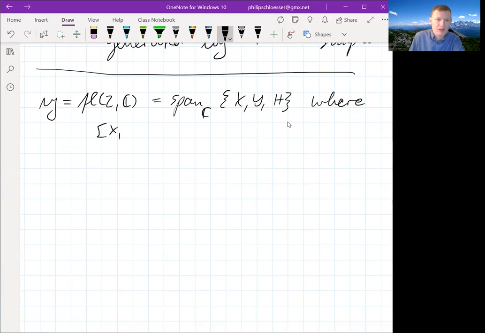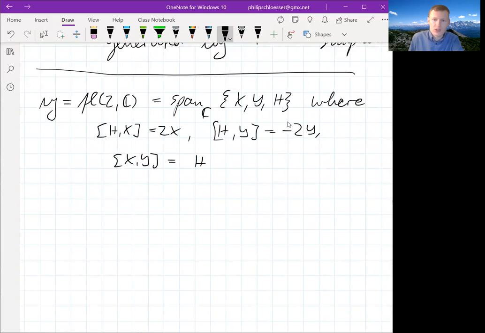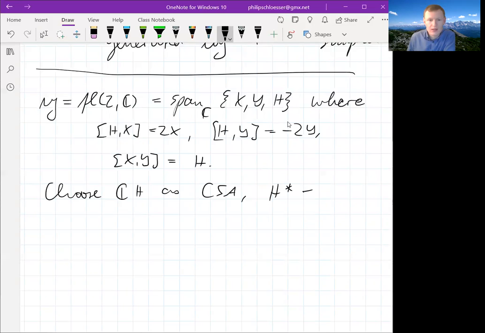We have the bracket of h and x is equal to 2x, h and y is minus 2y, and x and y is h. Then we choose the span of h as the Cartan subalgebra. And the space of weights is then just isomorphic to the complex numbers.